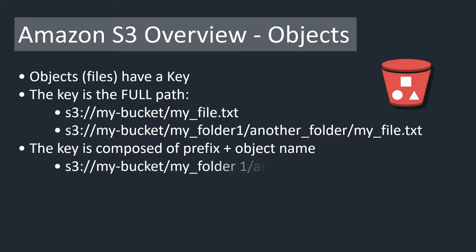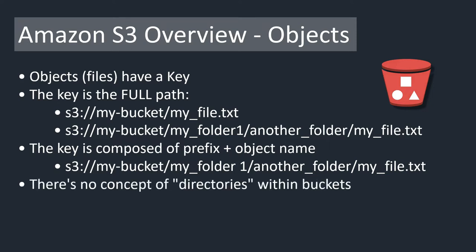So if we take the same long example, the prefix is my_folder1/another_folder/, okay, that is the prefix, whereas the object name is my_file.txt.